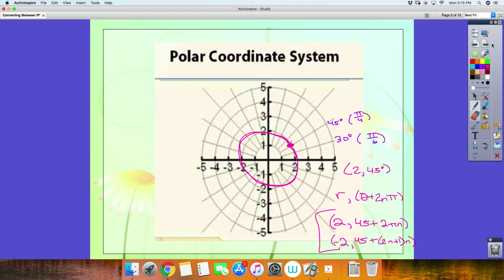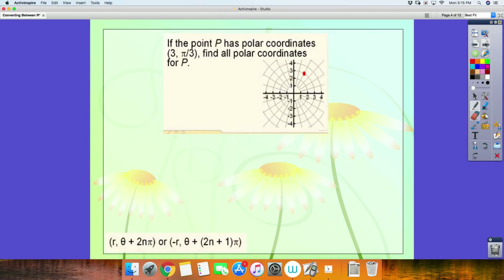So if we try it again, we want to find all the polar coordinates for P. So they tell us, we look, they went over 3, and then it rotated up to pi over 3.